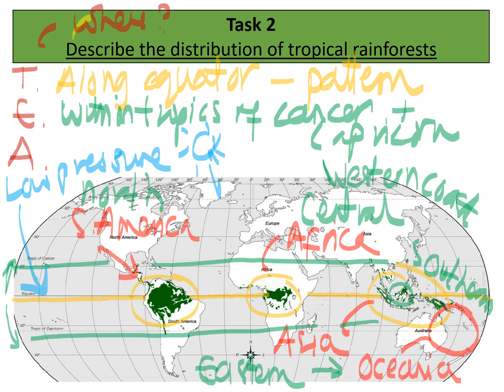So it heats the ground, then that hot air rises, it cools and condenses, it makes clouds, and then it rains. So it's very obvious why we have tropical rainforests, which are generally very hot and very wet, found along the equator. So once you've completed task 2, let's move on to task 3.